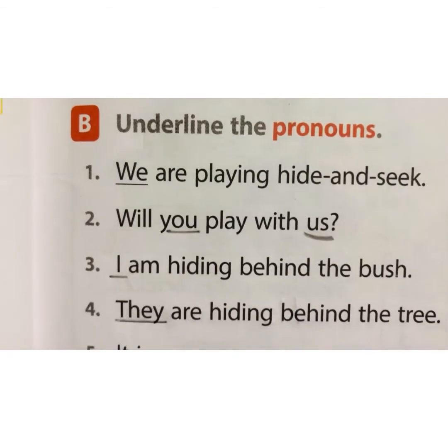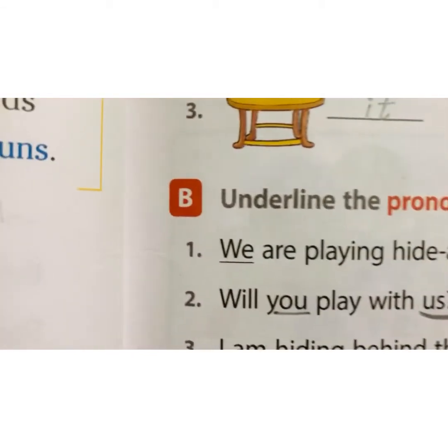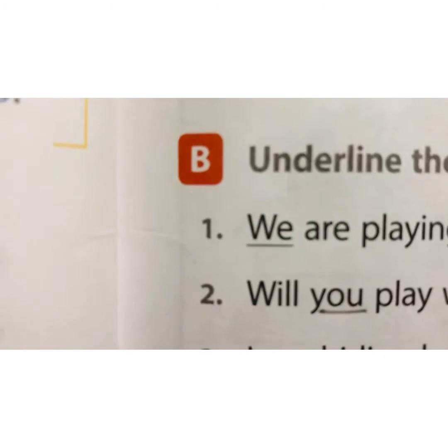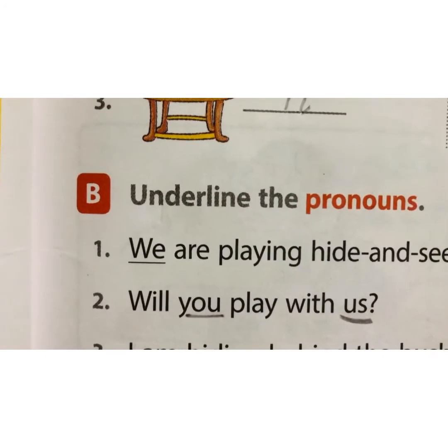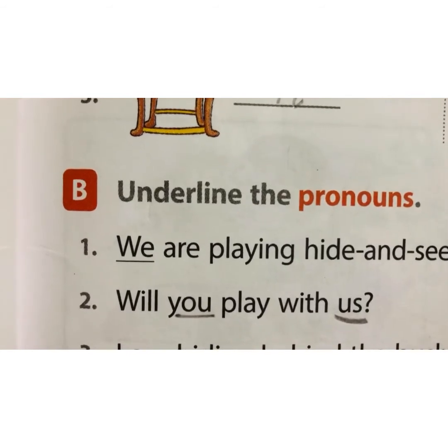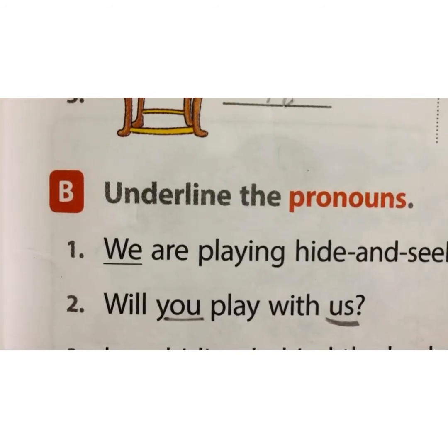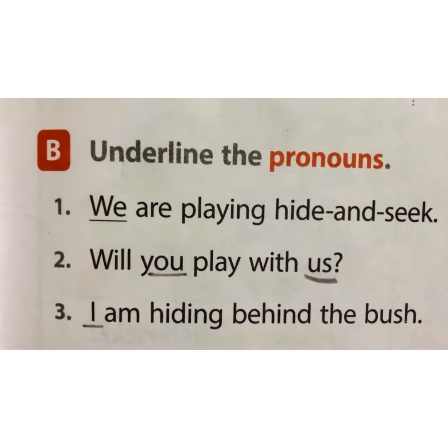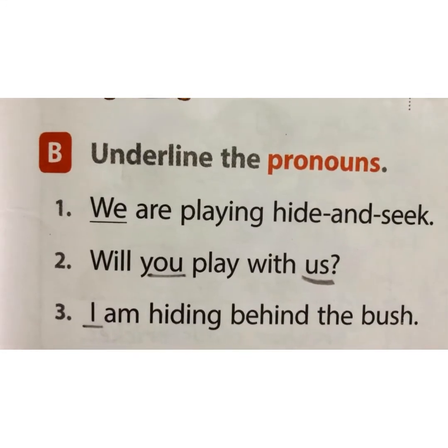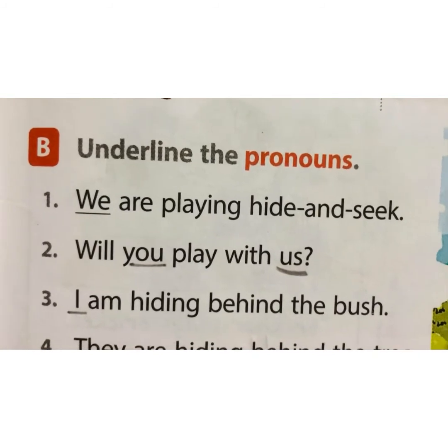We are playing hide and seek. Pronoun we is already underlined. The second one is, will you play with us? There are two pronouns. Words you and us both are pronouns. Third one is, I am hiding behind the bush.